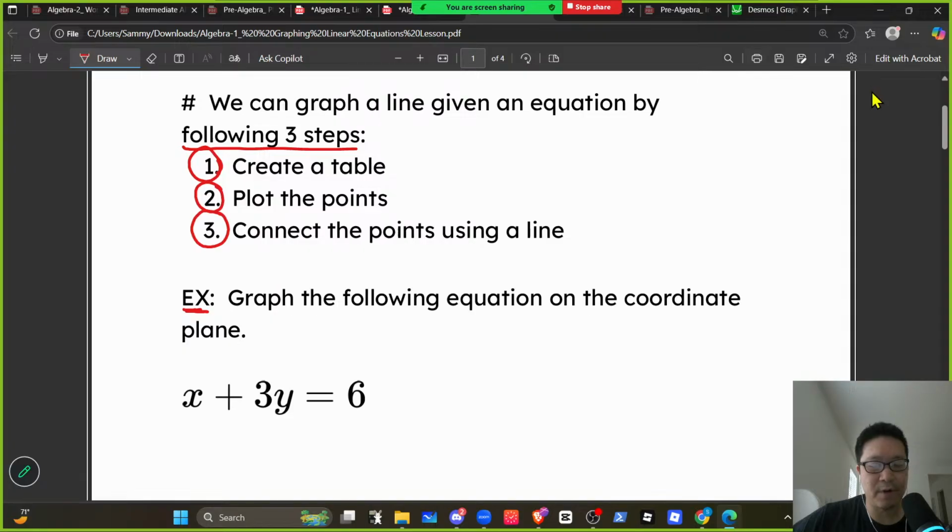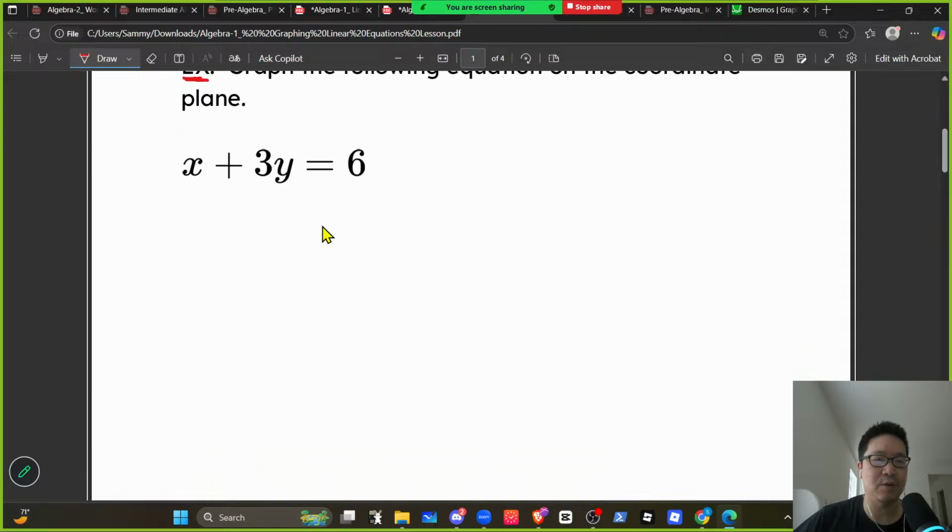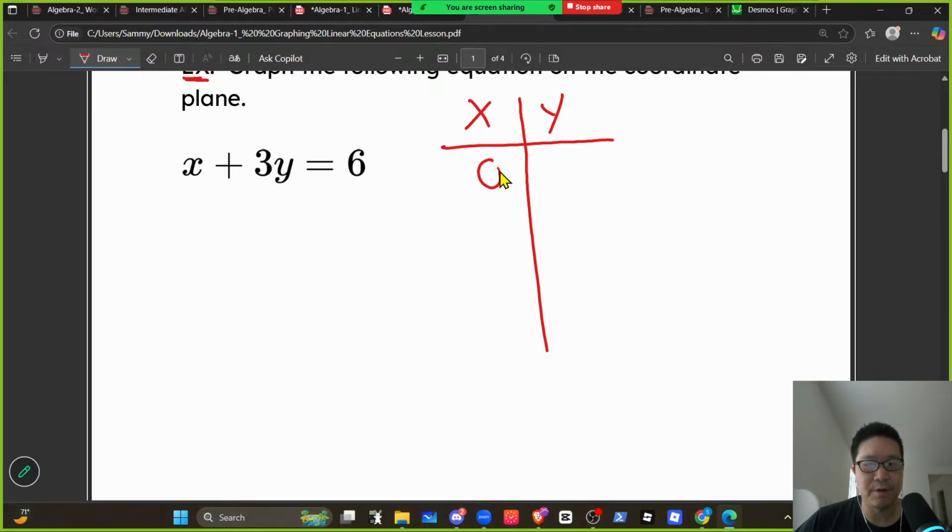It says graph the following equation on the coordinate plane. We have x + 3y = 6. So let's go ahead and create a table. We can use the intercept approach by plugging in 0 for x. When we do that, we get a y value of 2, right? So 3y = 6, y = 2. And then a 0 for y. And that would give us an x value of 6.